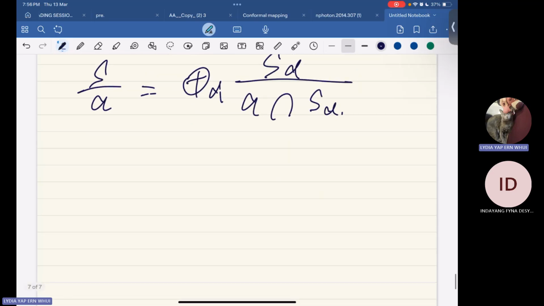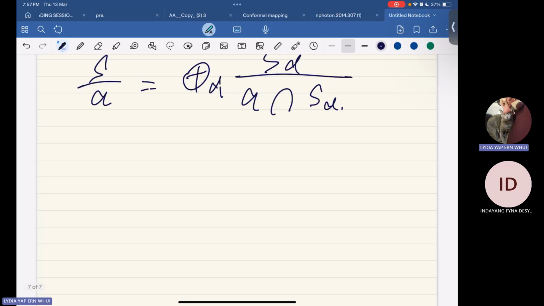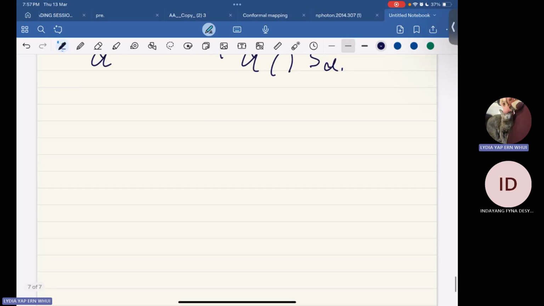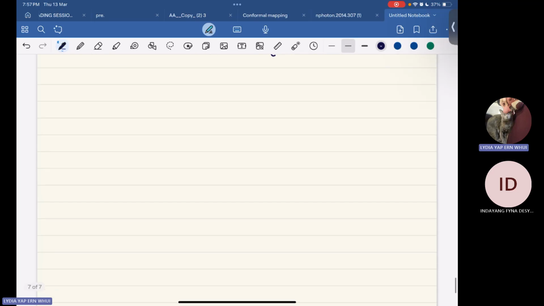We will not go through the whole proof of this proposition, but let's see why this is right. This S quotient A, what does it contain? It contains cosets of A, right?